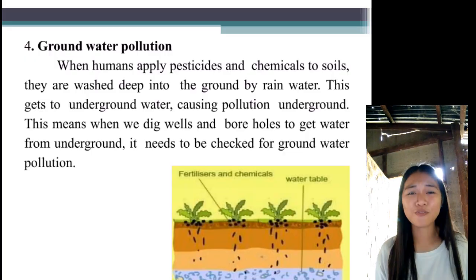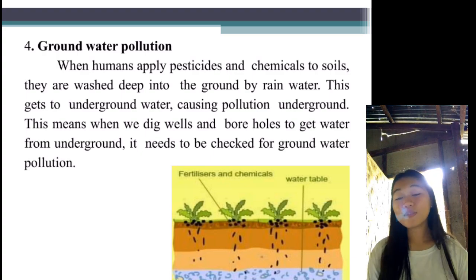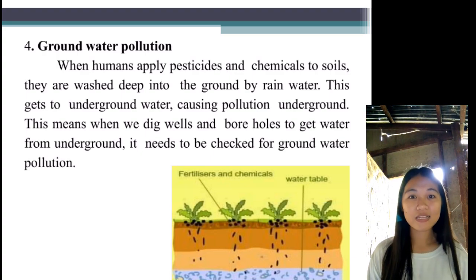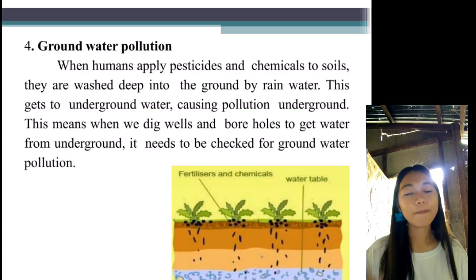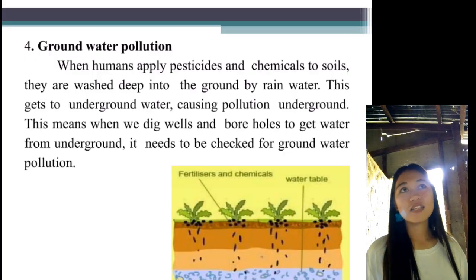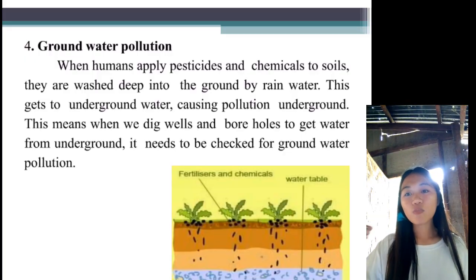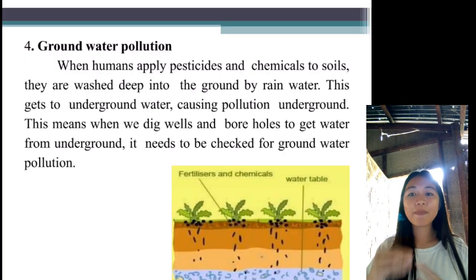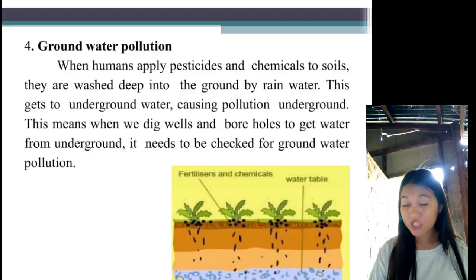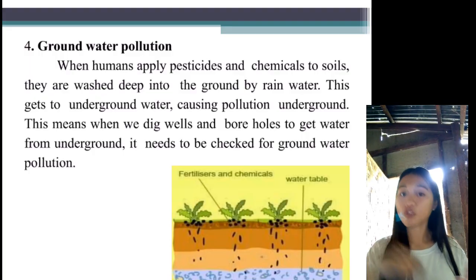Here you see that humans using pesticides and chemicals in their agriculture, in their planting, is actually not good in every way, because the chemicals will be washed deep into the ground.